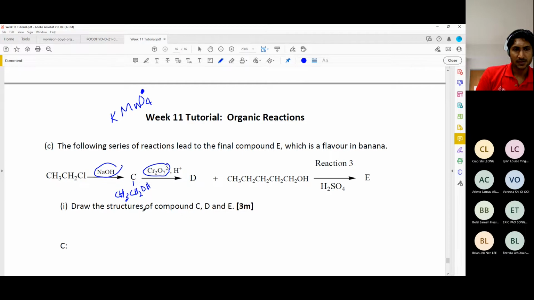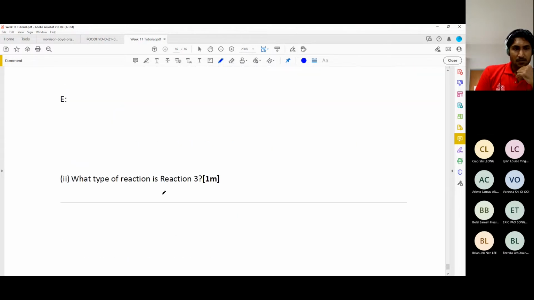And if ethanol is oxidized, it will produce ethanoic acid, that is CH3COOH. And with ethanoic acid, if I add the alcohol, it will produce an ester under reflux, the same thing.